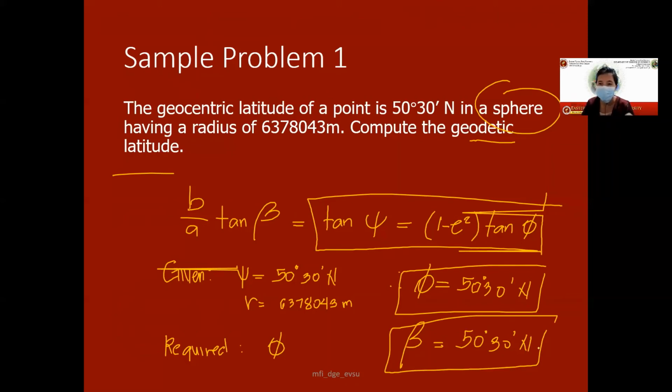If we are referring to a sphere, wherever you go, the radius is equal in all. This is not a spheroid and this is not an ellipsoid. This is a sphere, which means in all parts the radius is equal. So take note, in a sphere the radius is equal, therefore the latitude is equal for all types of latitude. So this is a bit tricky question. Let's move to sample problem number 2.